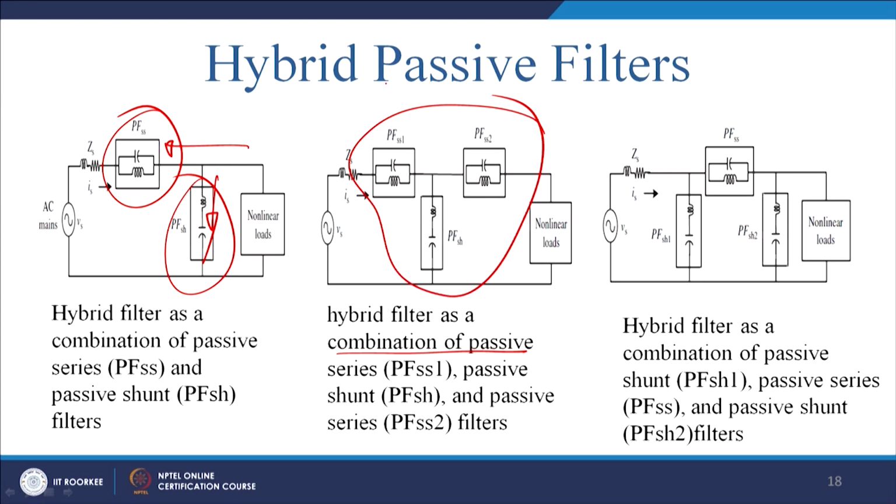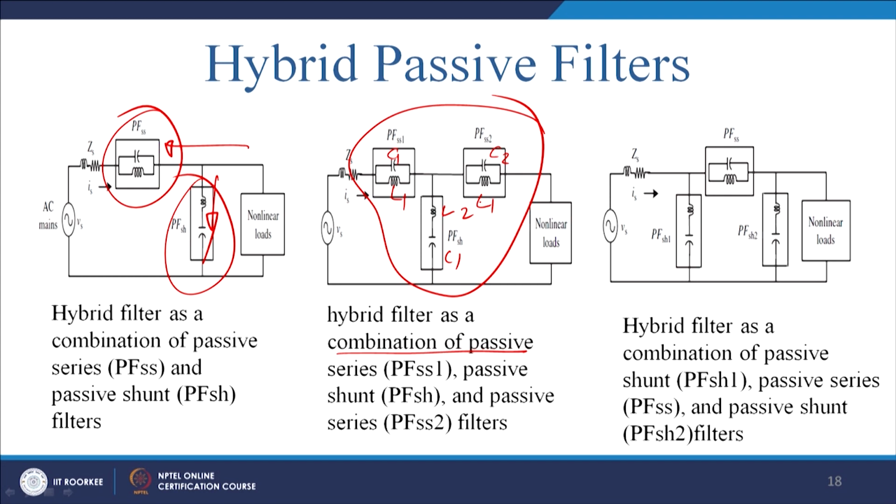This network is called the T network, and there is also an advantage to it. This L1 and C1 form a network, and this C1, C2 and L2 form another network.